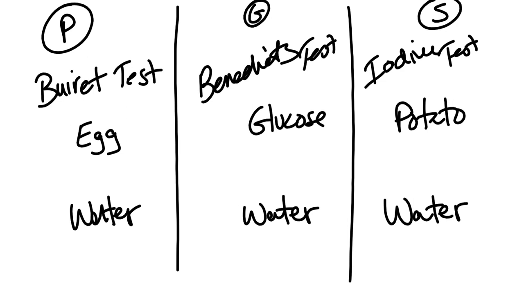Now this is the first collection of data that you're going to have. The second is I'm going to give you two solutions. I'm going to give you solution A and I'm going to give you solution B. And solution A and B both contain either one or more of the egg, starch, or glucose solutions.